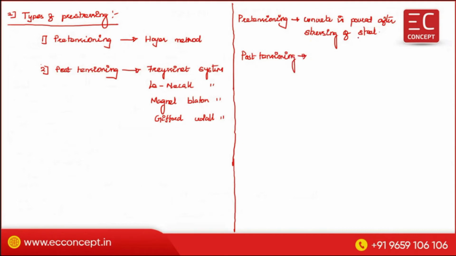Here in the pre-tensioning, first of all we will stretch the steel, that is, we give the pre-tensioning force. Then we will pour the concrete within the mold. After that we will cut the steel so that whatever stress we gave to the steel will be transferred to the concrete.